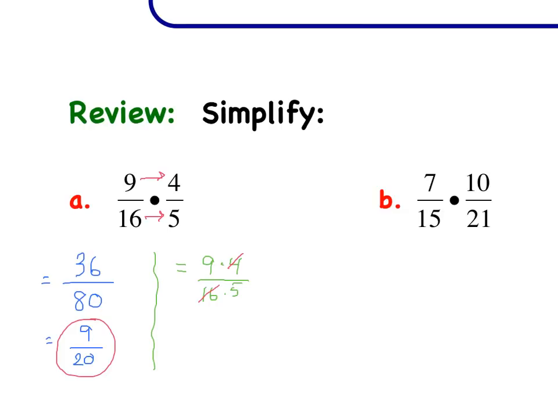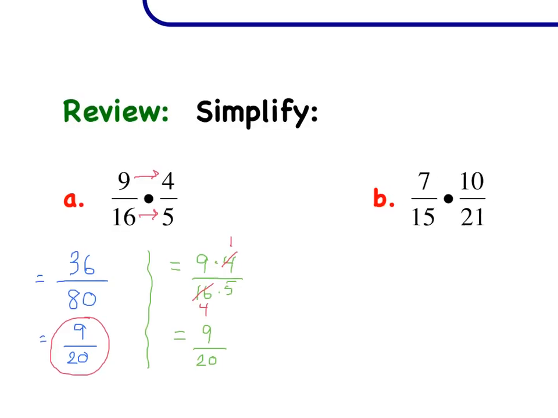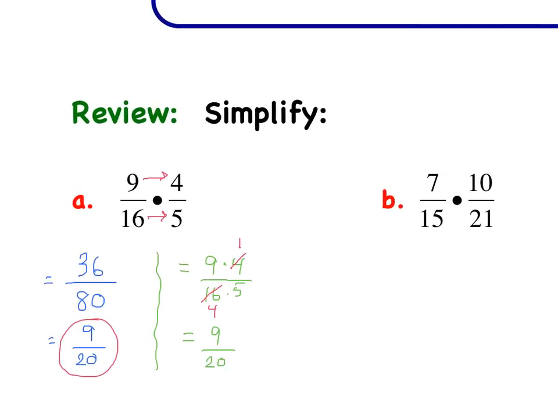So 4 over 16, I would be left with a 1 up top and a 4 down below. And now when I go ahead and multiply, 9 times 1 is simply 9, and then 4 times 5 is 20. This kind of saves me from having to deal with big numbers like 36 over 80, and then simplifying it from there. I just think this is a nicer way to go, but whatever you are more comfortable with, you go right ahead.